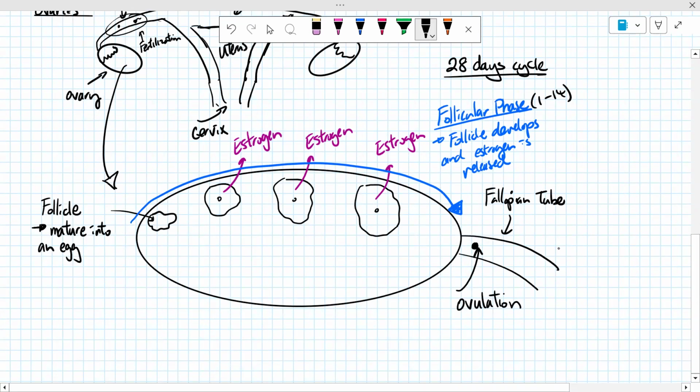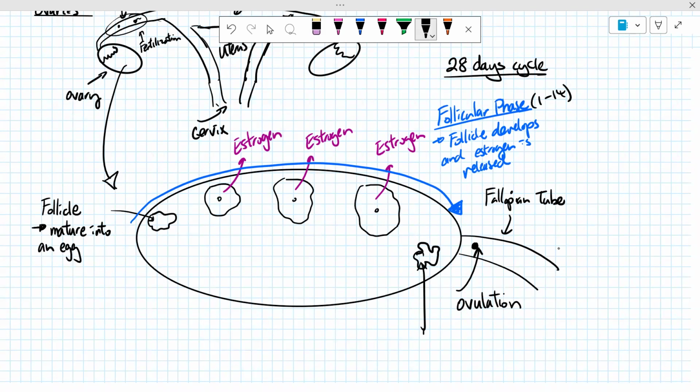Now, after ovulation, there's some stuff left over from the follicle. The egg is released into the fallopian tube, but then there's some leftover tissue. That stuff is called a corpus. Corpus just means a bundle, a group.